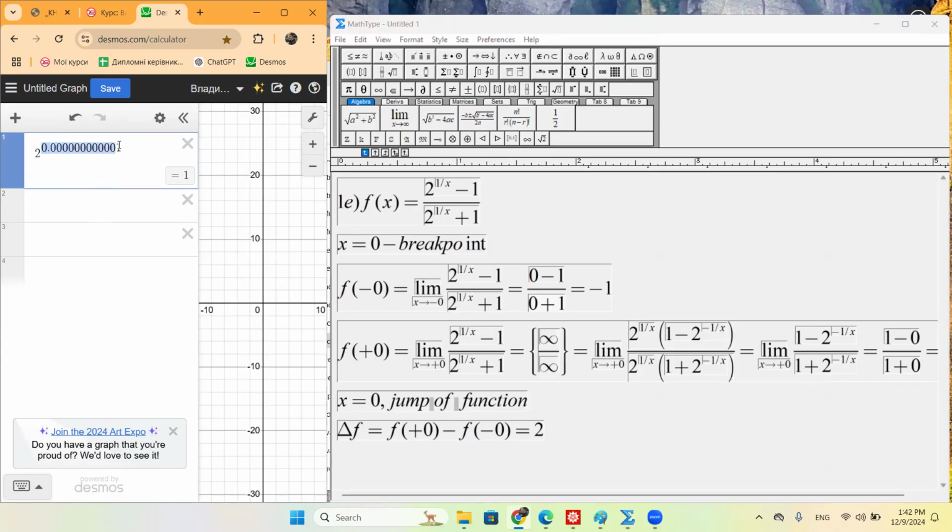By the way, it must be a very large power. So this is a very large power, and this is a very small power. So you see, multiplied by 10 in power of minus 302. So this is just what we have in the limit. So any questions about this example? If no questions, let's move next.